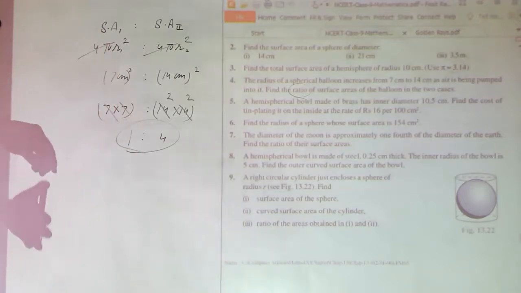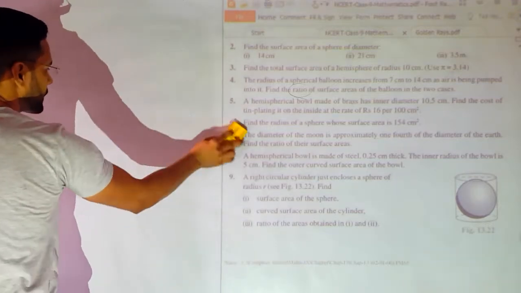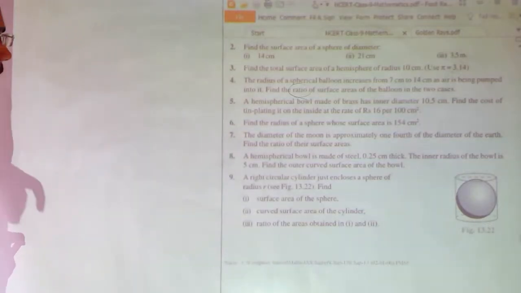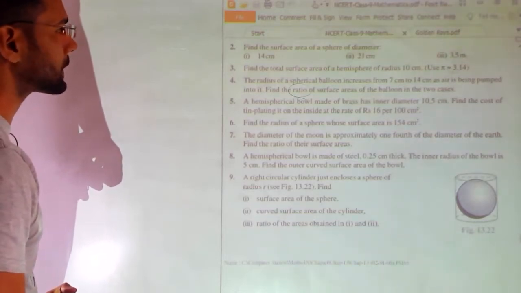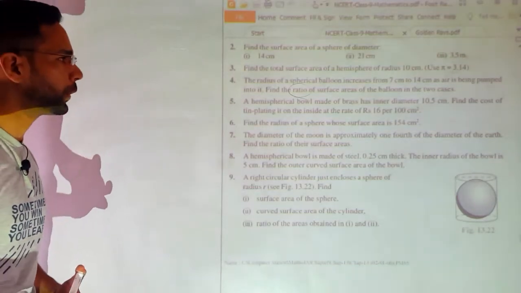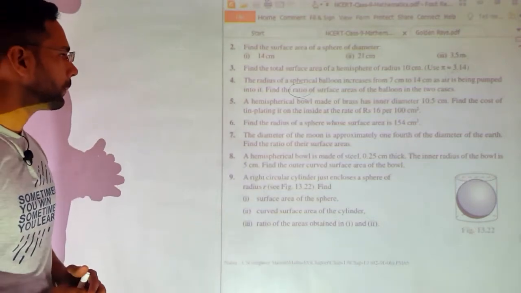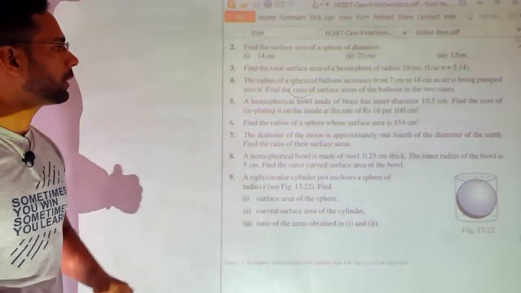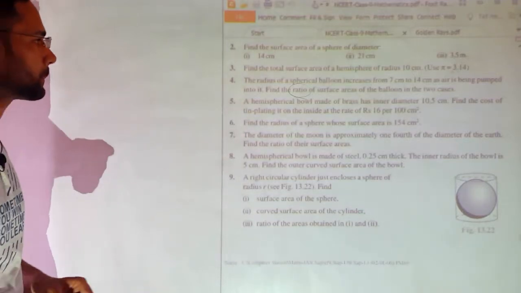Now question number 5. A hemispherical bowl made of brass has inner diameter 10.5 centimeter. Find the cost of tin plating it on the inside at the rate of 16 per 100 centimeter square.